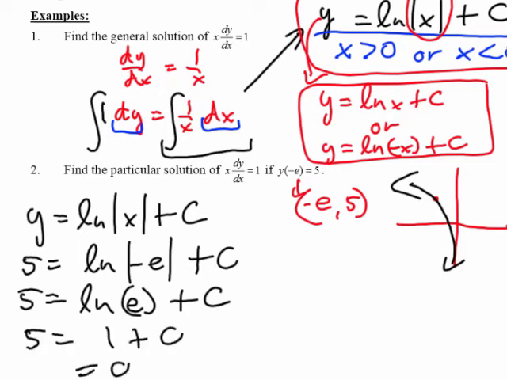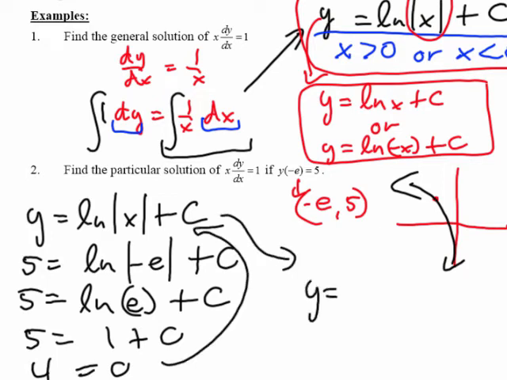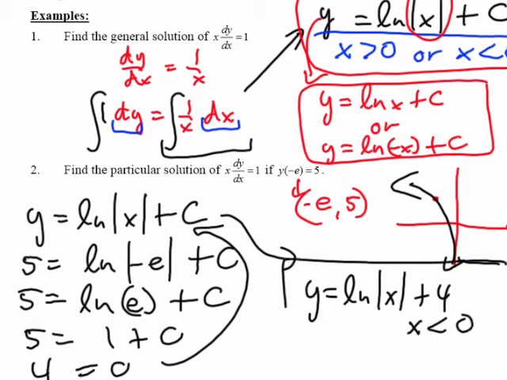And so the constant is 4. And so plugging this back in, I would say that my particular solution was y equals ln absolute value x plus 4, as long as x is a negative number, because my solution has to be on a continuous interval involving this point.